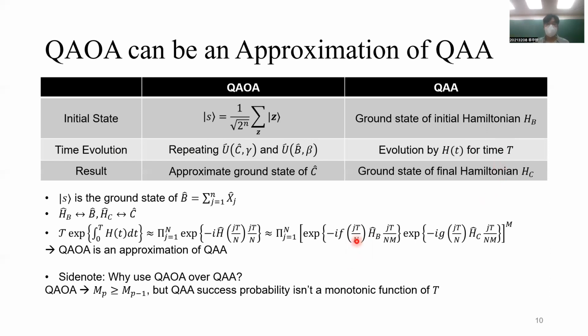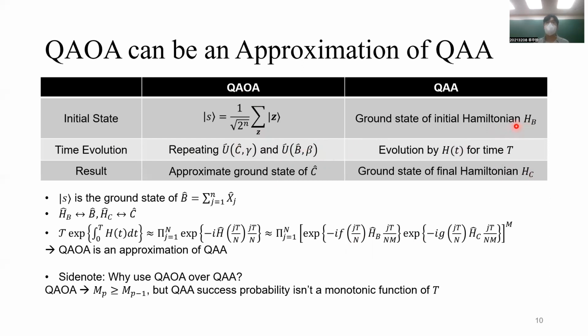And we can see that this is very similar to this form, which is the form of the QAOA. And so we can draw parallels from that here. We can think that maybe there is a connection between C and HC, B and HB.